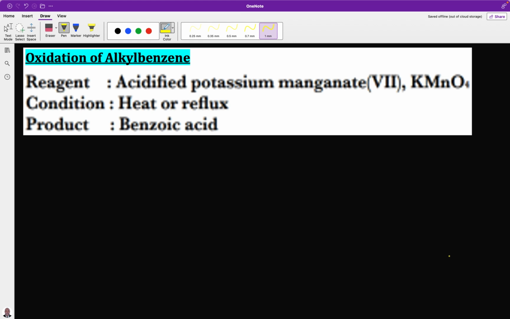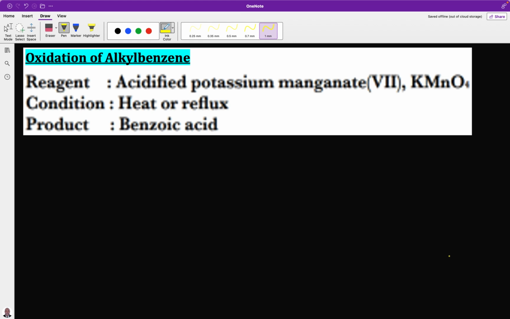So in this situation, oxygen is being added to this compound and it is on the side chain. The oxidation is not taking place in the ring. The oxidation is taking place on the methyl group. The methyl group is always oxidized to a carboxylic acid group.